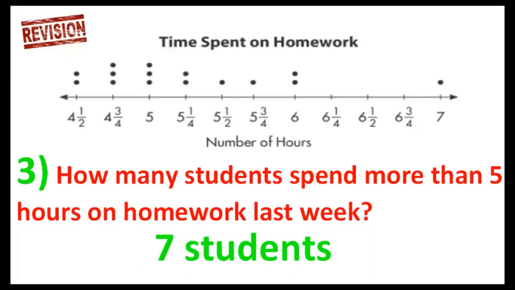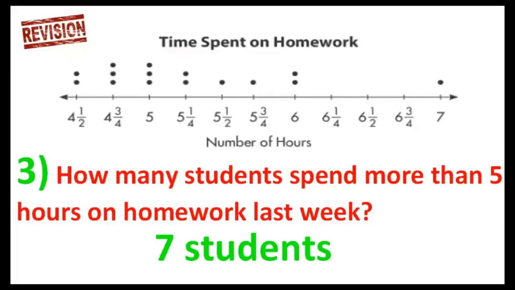Okay, this is how to answer through the line plot. Try to concentrate on the phrase he gave, the statement he gave you. He said more than 5, not 5 or more, because here we didn't select the value of 5.